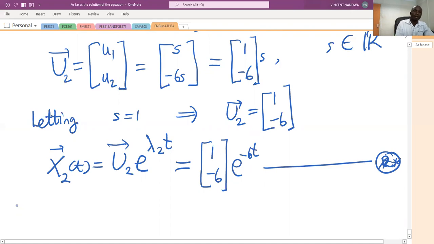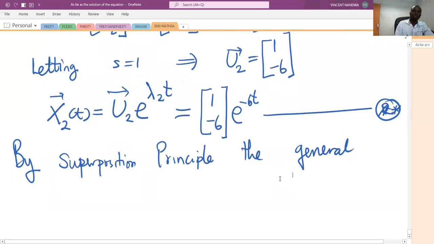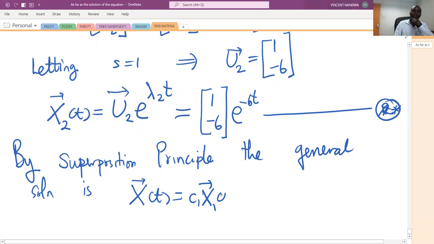And then by the superposition principle, the general solution is x of t given by C1 x1 plus C2 x2.